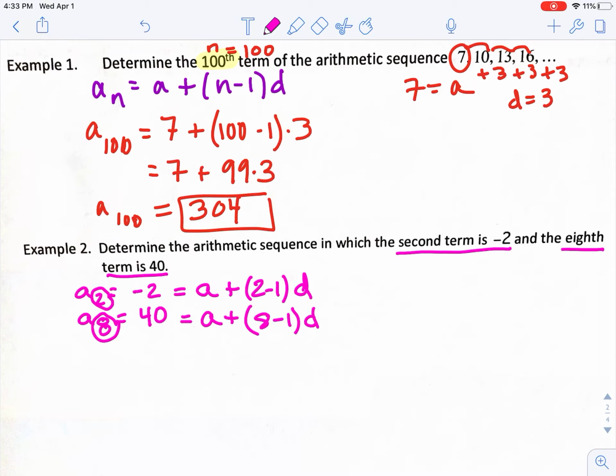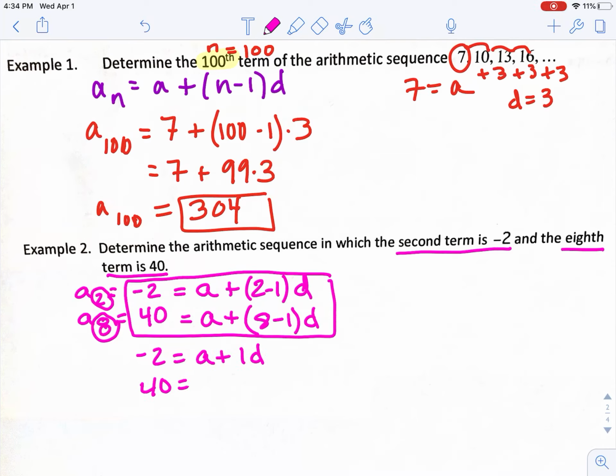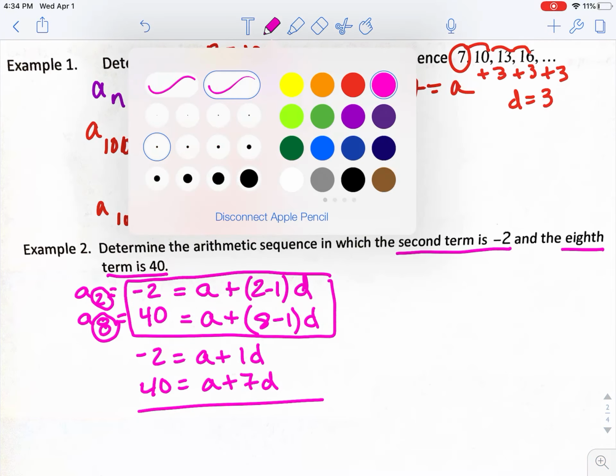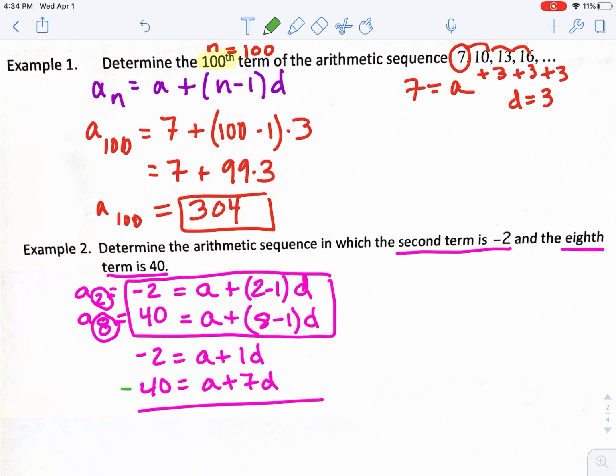So now I'm going to just simplify. This is a system of equations with 2 equations, 2 unknowns, so I can just simplify that. 40, 8 minus 1 is 7, and then I can solve this system. I'm going to go ahead and just do subtraction so that my a's cancel.